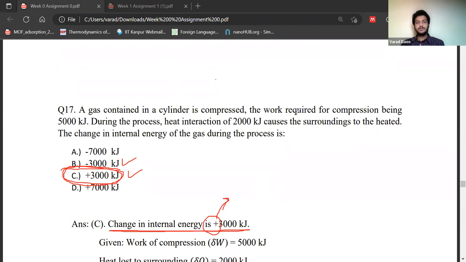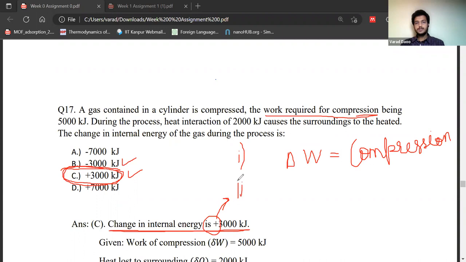Also remember that work is required for compression. So W is of compression. This is one thing which has to be noted. And the other thing is delta Q is for surrounding is to be checked. That means heat.